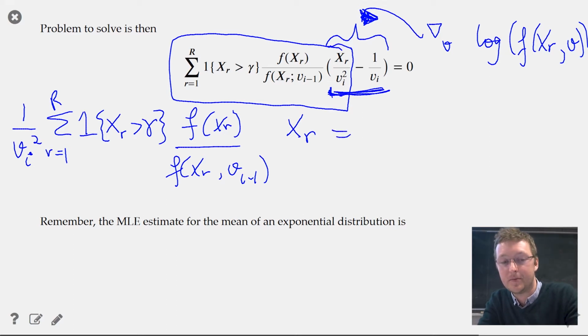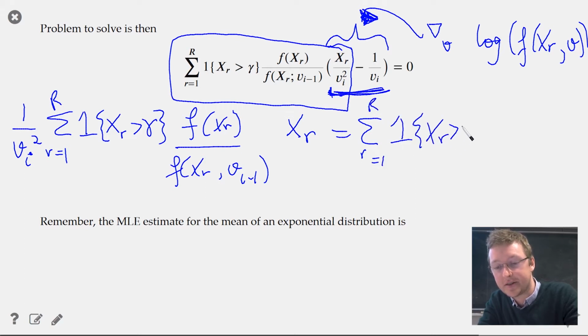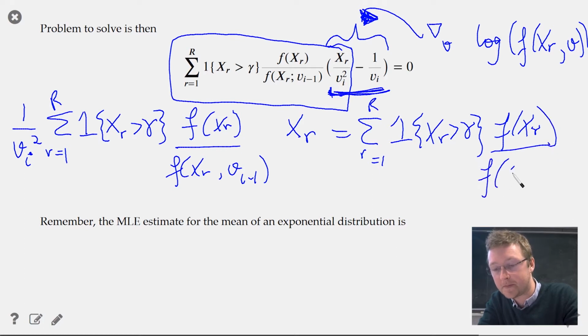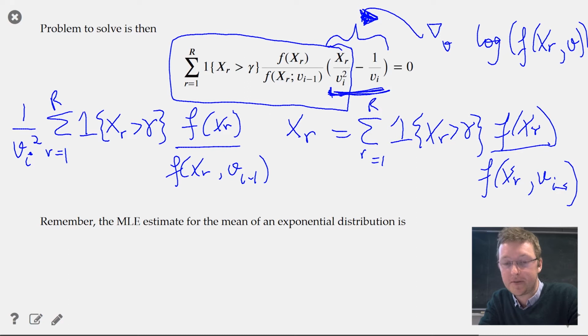Equals, and then almost the same thing on the other side. Sum from r equals 1 to R, indicator x_r is greater than gamma, then this likelihood ratio. And then again, I'll bring the 1 on v_i to the front.